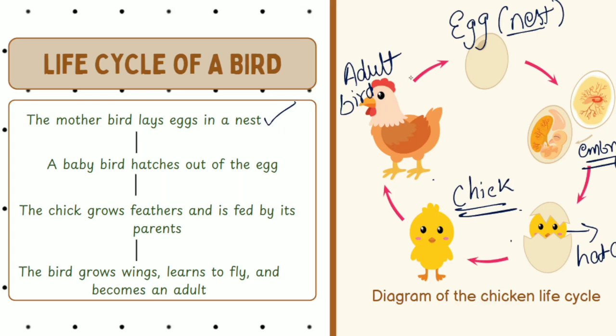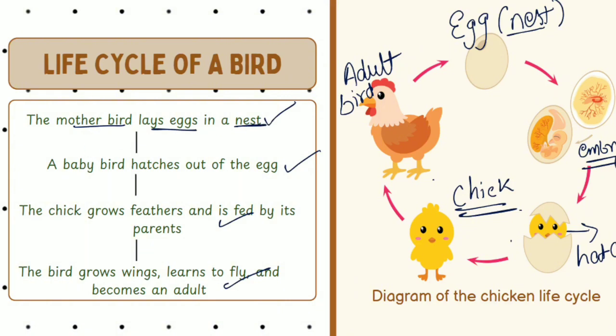The process continues, and this adult bird again lays eggs in a nest. This is how the life cycle of a bird continues. This is the step-by-step process. The first step is the mother bird lays eggs in a nest.